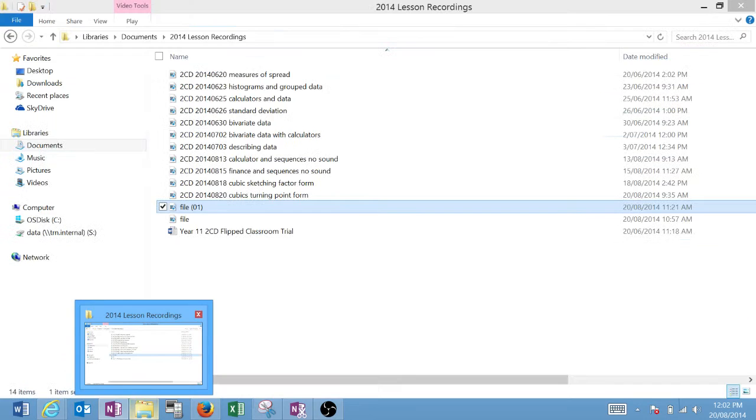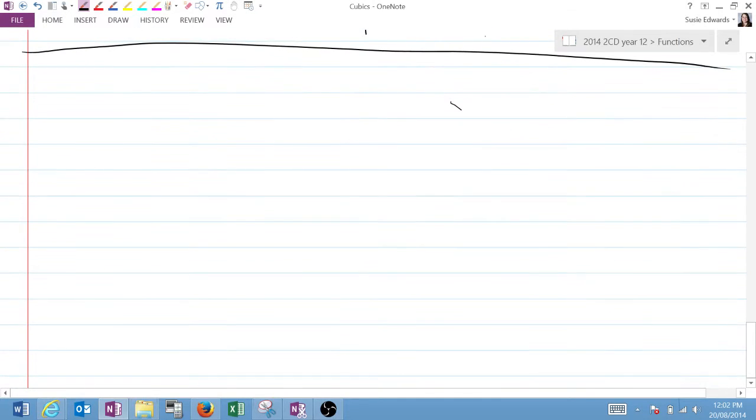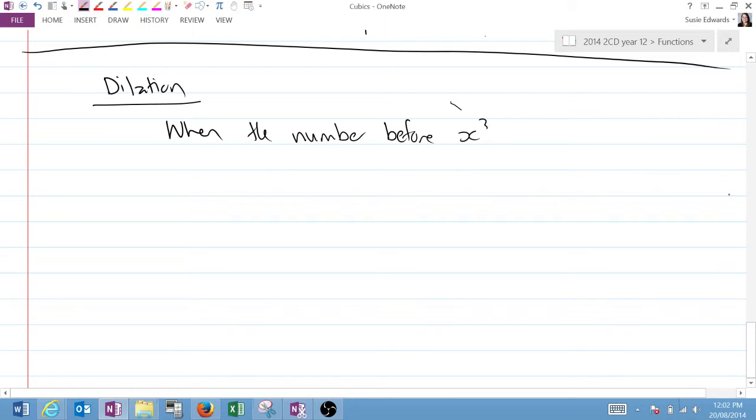So, dilation. When the number before x cubed is changed.